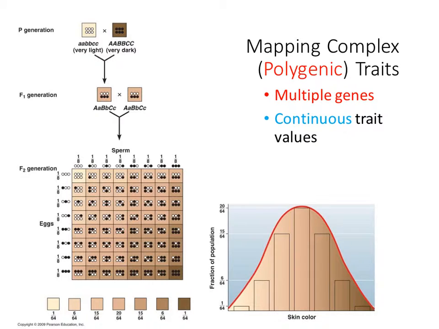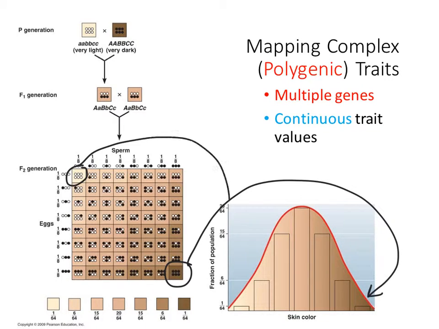So instead of A's and B's, now we have A's, B's, and C's. There's 6 different levels of coat color. You have no black alleles, you've got 1 black allele, 2 black, 3 black, 4 black, 5 black, 6 black. When you've got 6 black alleles, that gives you the darkest coat color, 0 out of 6, the lightest.